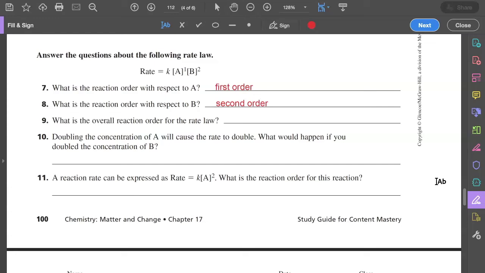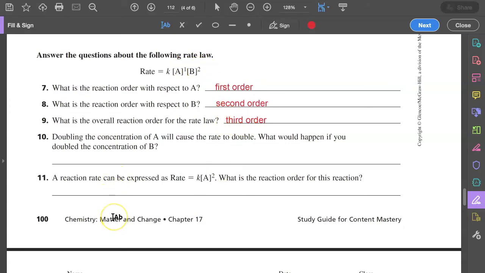For example, if we increased the concentration by a factor of 3, we would see a change in the rate of reaction by a factor of 9, the square of 3. What is the overall reaction order for the rate law? The overall reaction order is the sum of the exponents. So 1 and 2 gives us third order.